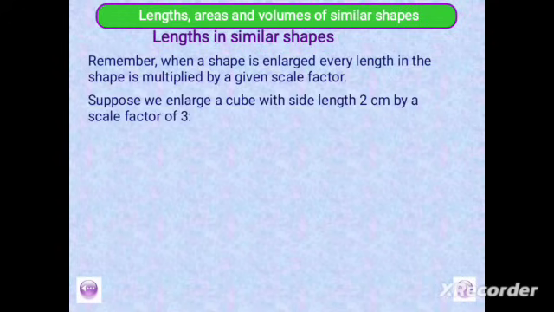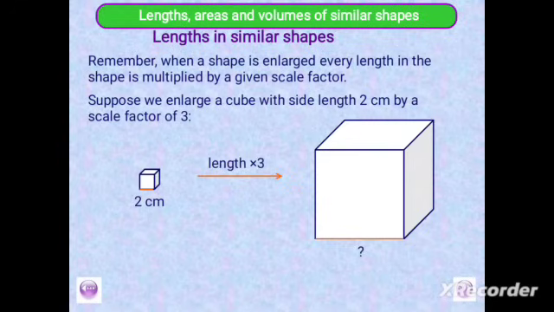So suppose we enlarge a cube with side length 2 cm by a scale factor of 3, as shown in the diagram below. A smaller cube is of 2 cm, then the linear scale factor is 3, then it means the other length will be 6 cm. You multiply the length times the scale factor.